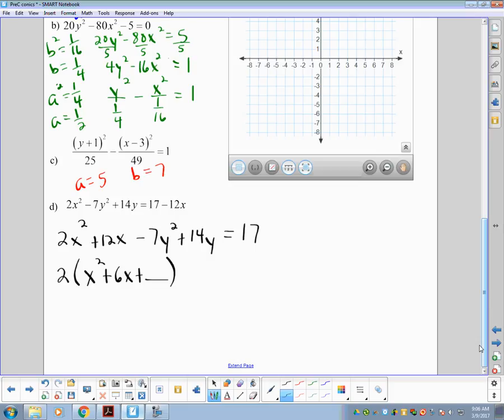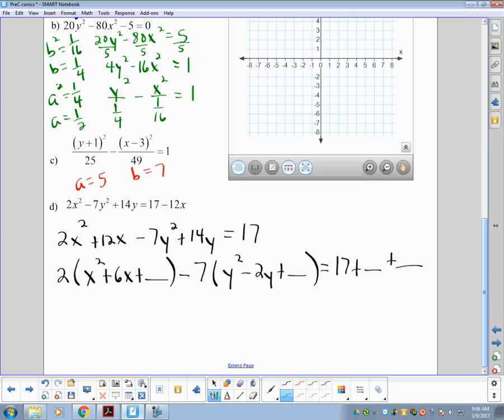Now this one, I'm going to go ahead and have a minus sign here, and I'm going to pull out my 7. And I have y squared. Negative 7 times what will give me 14y? Yeah, and then a plus sign here. Equals 17 plus something plus something.